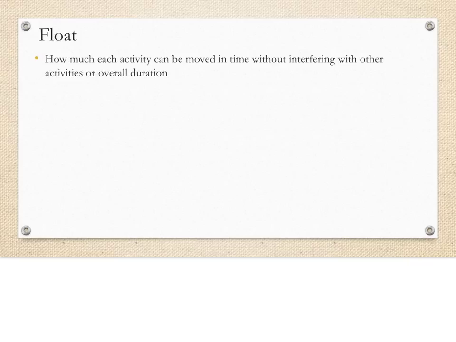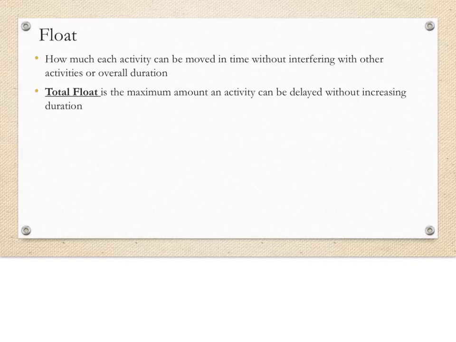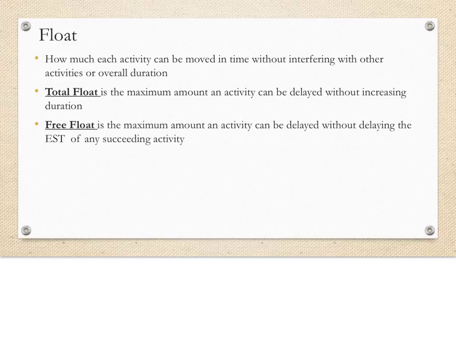There are 5 types of float. The first is total float, and this basically determines how long a task can be delayed without increasing the duration of the project. Free float is the maximum amount an activity or task can be delayed without delaying the earliest start time of any of the succeeding activities.